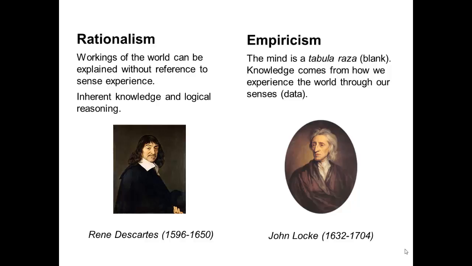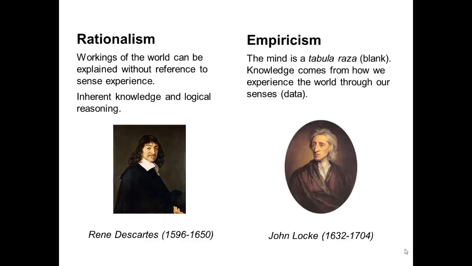And we'll start with the Enlightenment in the 17th century and slightly earlier, and the two main philosophical ideas about how we get knowledge, how we get information about the world. And these can be caricatured as rationalism and empiricism.